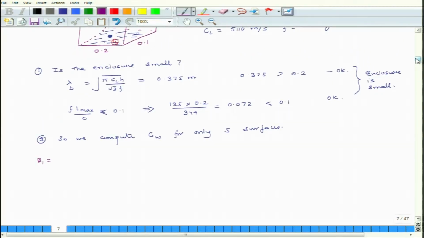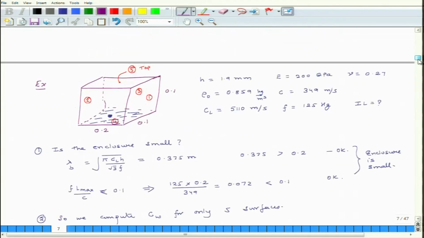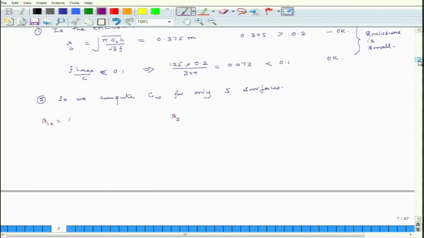So, beta 1 and beta 2 is 1, right. Similarly, beta 3, 4 and 5, they have the same dimensions, same aspect ratio.